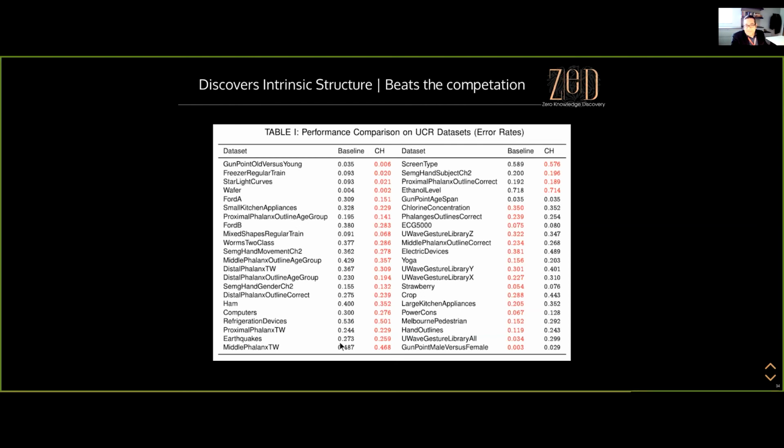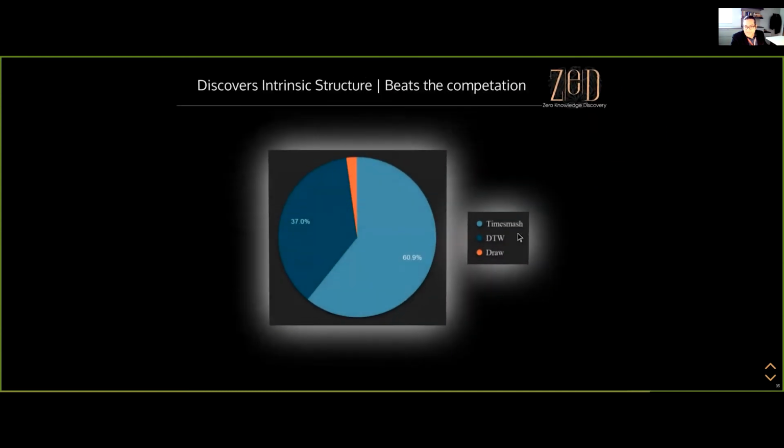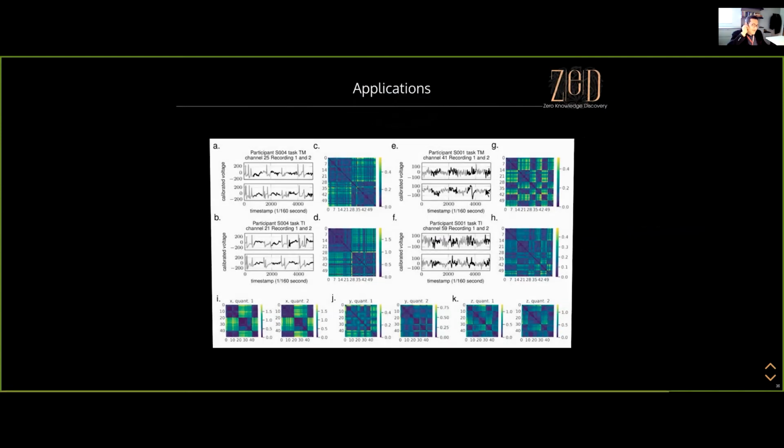And this is the baseline, which is DTW. When it's red on the CH, then we do better. When it's red on the baseline, then DTW does better. As a breakdown, 61% of the time we are doing better, 37% DTW is doing better, and there are some ties. So we do better on average.